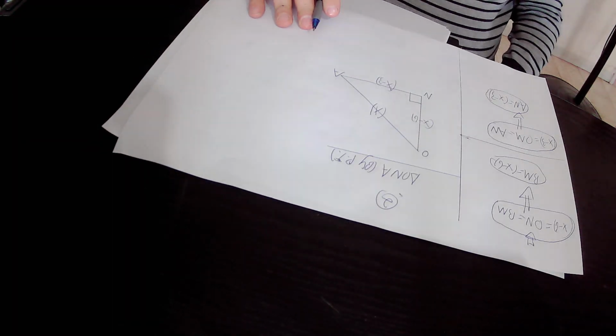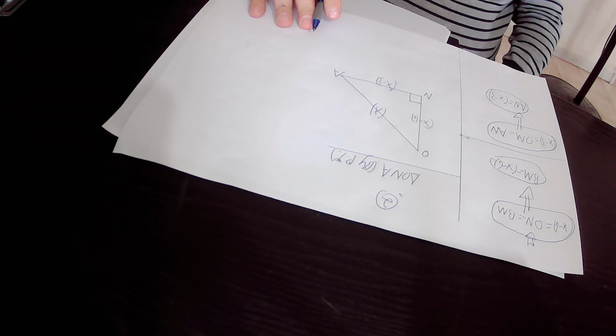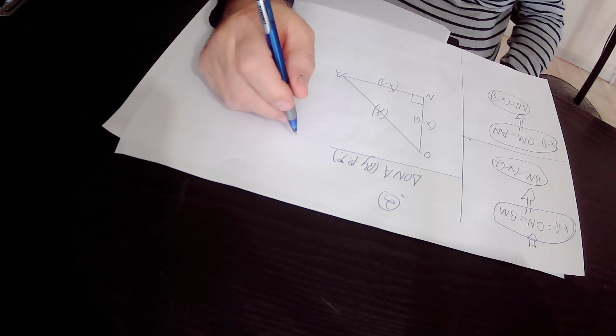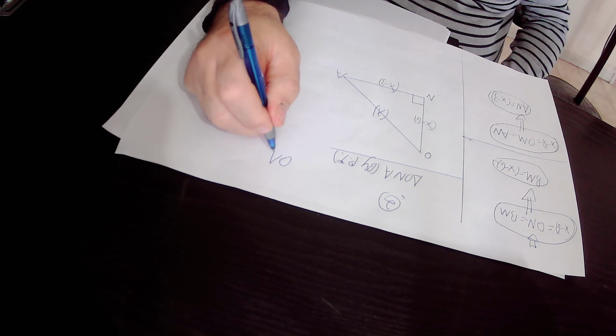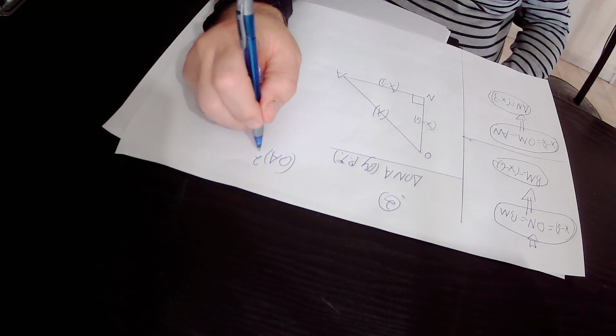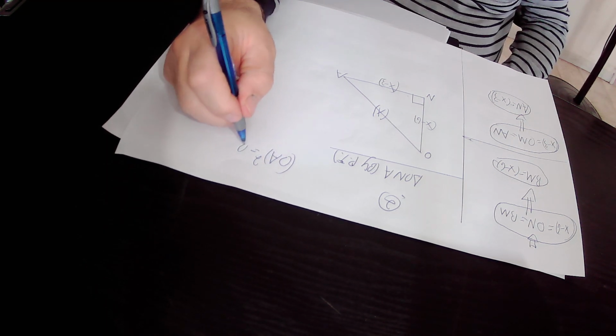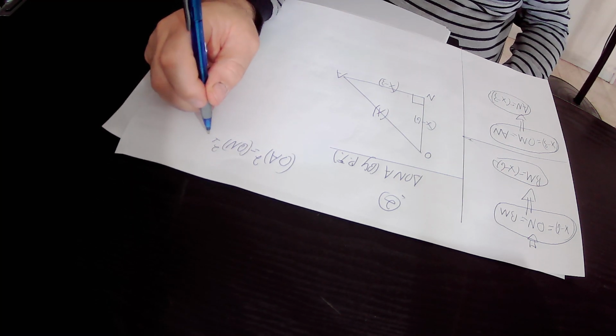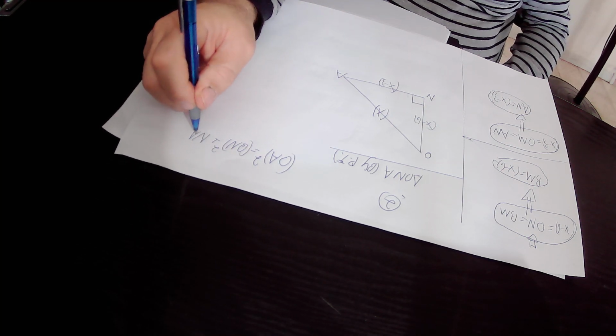According to the Pythagoras theorem, the square of the hypotenuse equals the sum of the squares of the perpendiculars. The hypotenuse is OA, therefore the square of the hypotenuse is OA squared, and it must be equal to ON squared plus NA squared.